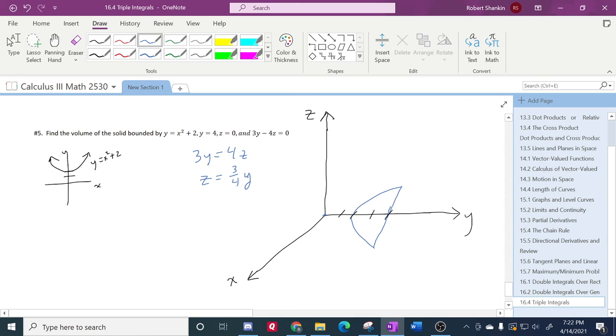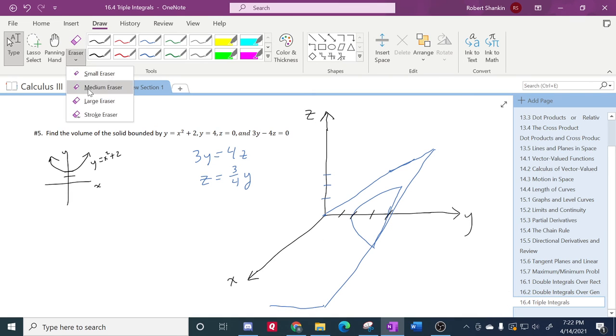When the y is 4, the z will be 3. Now, you take this line up here, and you extend it, and we have a plane here. The x isn't involved here, so the x can be anything. So we have this. Now, let me back up a little bit here.